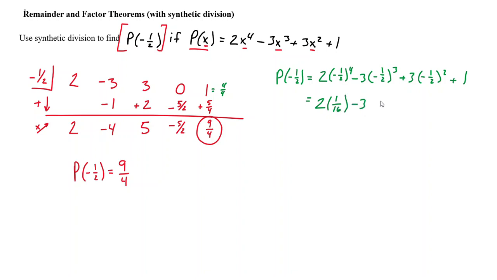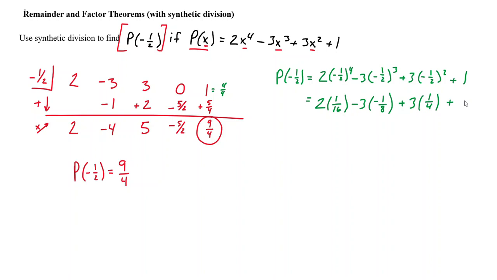All right, now we'll do the minus 3 times negative 1/2 cubed. That's an odd number, so this is going to be negative. 1 on top, 2 times 2 times 2 is 8 on the bottom. And plus 3 times negative 1/2 squared, an even power, so that's going to be a positive. 1/2 times 1/2 is 1/4.